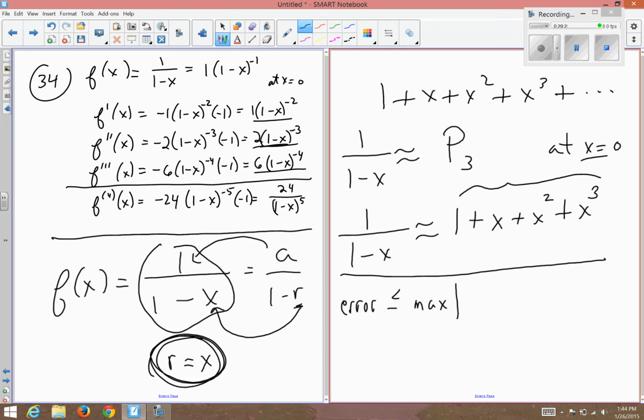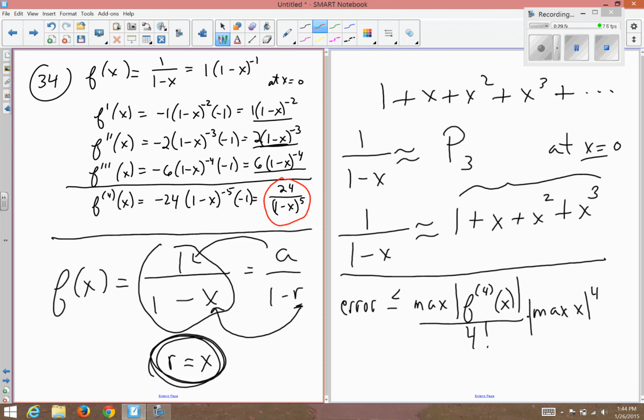We went up to the third derivative to get this order 3 polynomial, so we're going to say we need the maximum value of the fourth derivative of the function over 4 factorial times the maximum x to the fourth power. The fourth derivative was over here in this red circle. So I'm trying to think of the biggest that could possibly be.